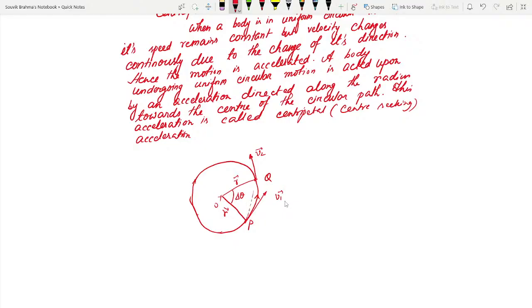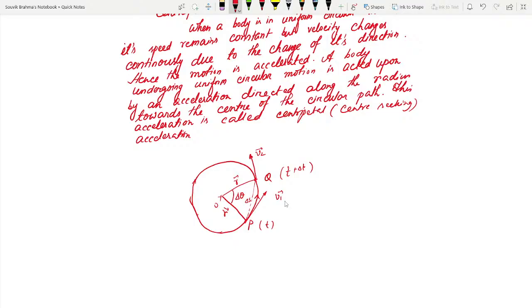This is delta s. Let's suppose at time t the particle is at point P, and it reaches point Q at time t plus delta t, so the time difference is delta t.